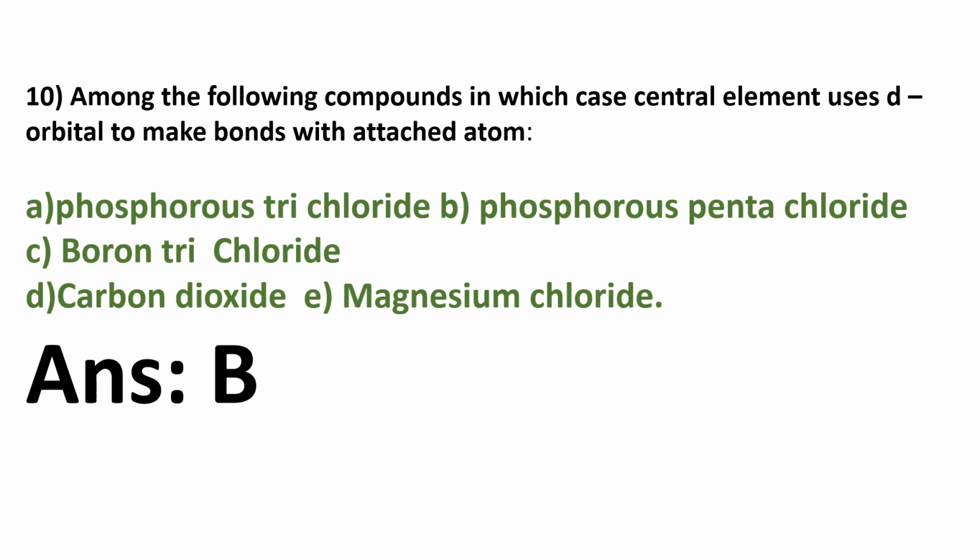But for PCl5, P requires 5 unpaired electrons because P is bonded with 5 chlorine atoms. So in the excited state an electron jumps from 3s to 3d. So right option is B.